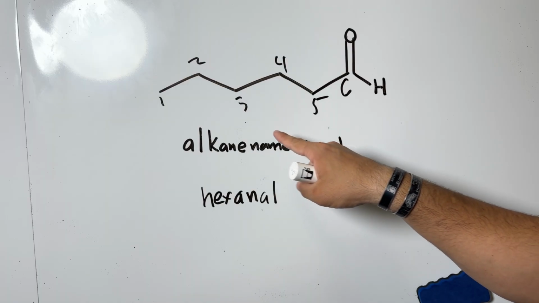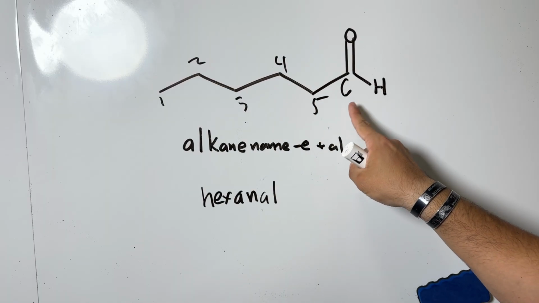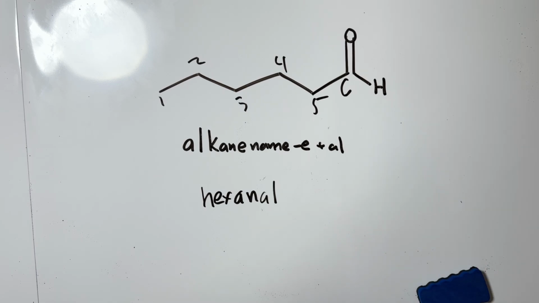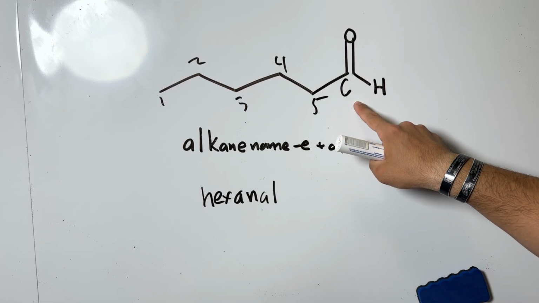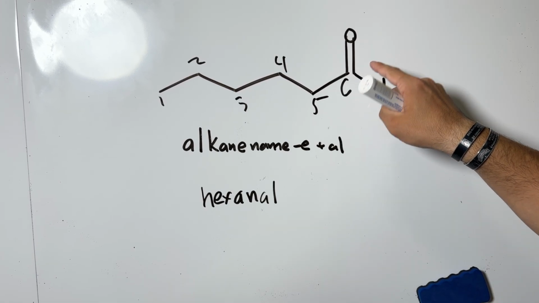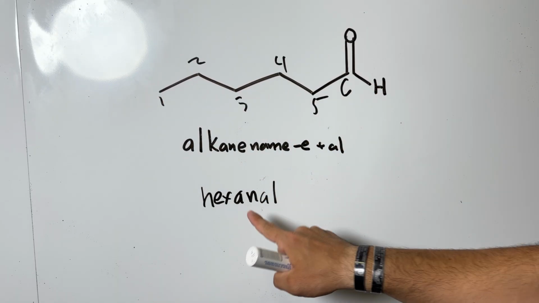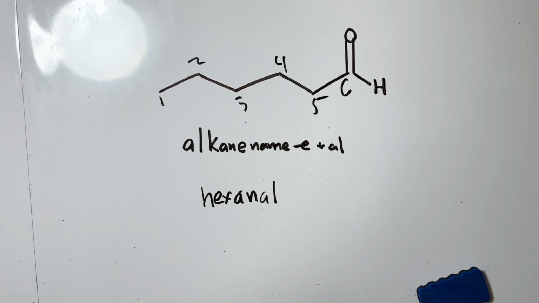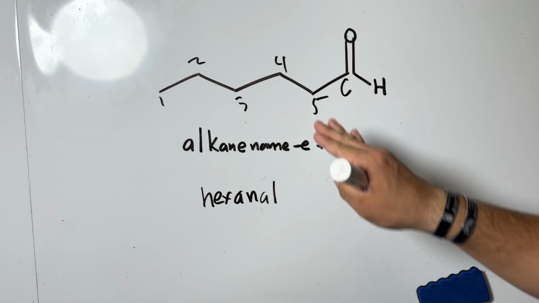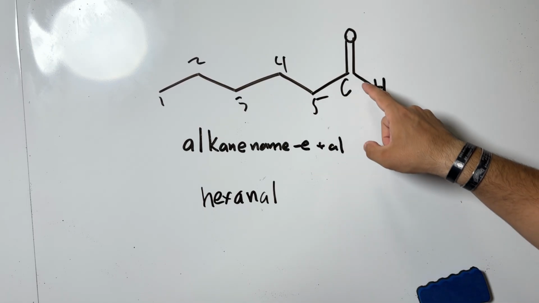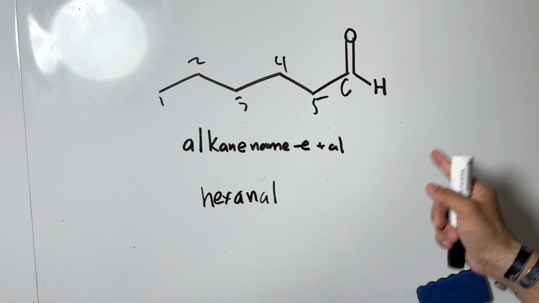Now, usually we have to put a locant or position labeling when we have functional groups like this. However, because an aldehyde by definition has to be at the end, we do not put a locant number on it. And if it's just an aldehyde, or if there's other groups that are lower in priority than our aldehyde, the aldehyde is by definition our one position.